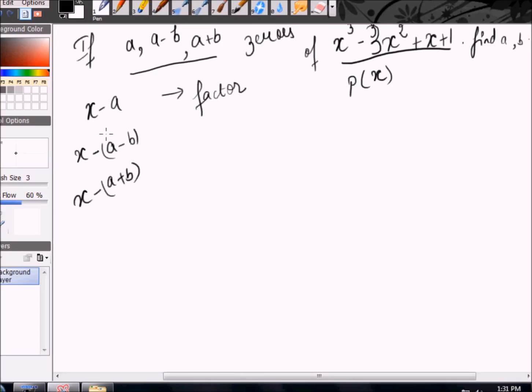Therefore, if these terms are individual factors of p(x), then their product is also a factor of p(x).